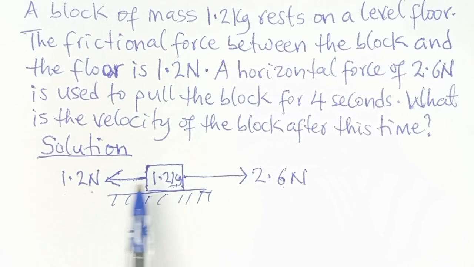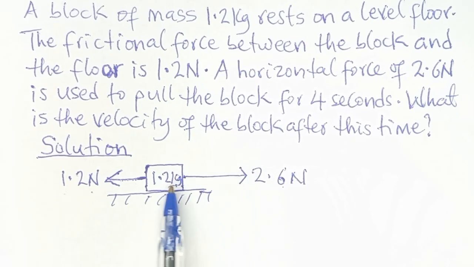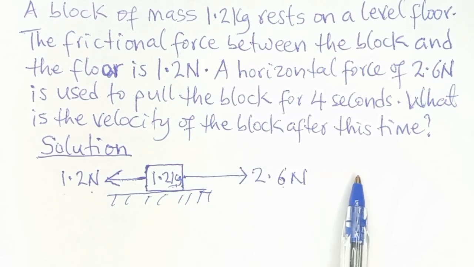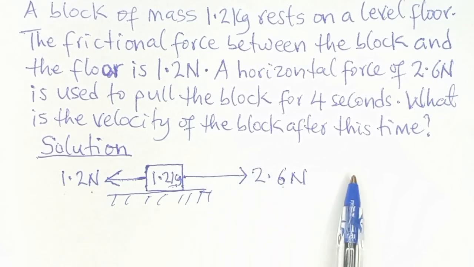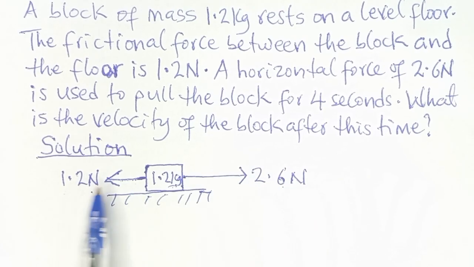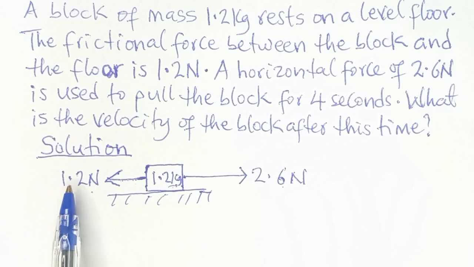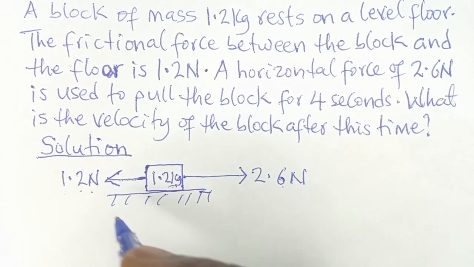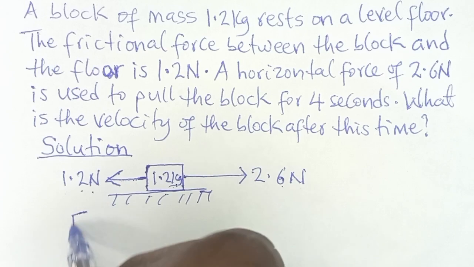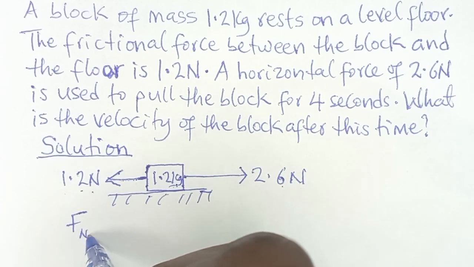Now, you agree with me that we can get the resultant force with which this block is moving in this direction, because this force is 2.6 Newton pulling it, but there's a frictional force that is opposing it in the opposite direction, which is 1.2 Newton. So the net force, I can call it F net now.